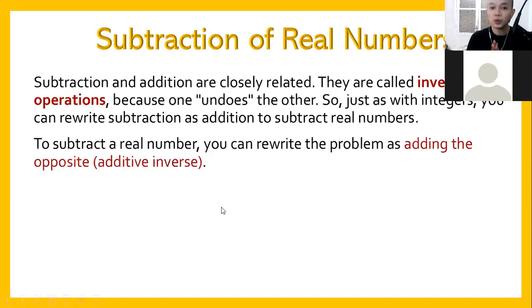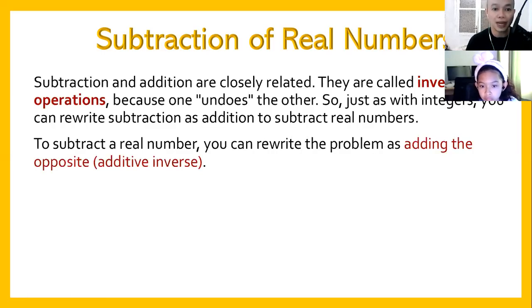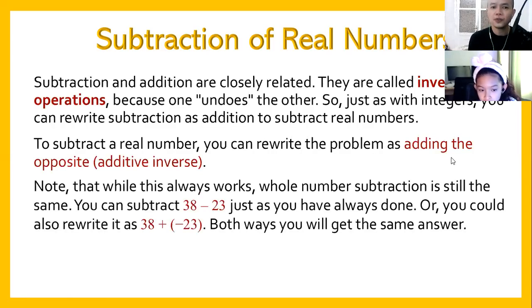To subtract a real number, you can rewrite the problem as adding the opposite, the additive inverse. Note that while this always works, whole number subtraction is still the same. For example, you can subtract 38 minus 23 just as you have always done, because 38 is bigger than 23.